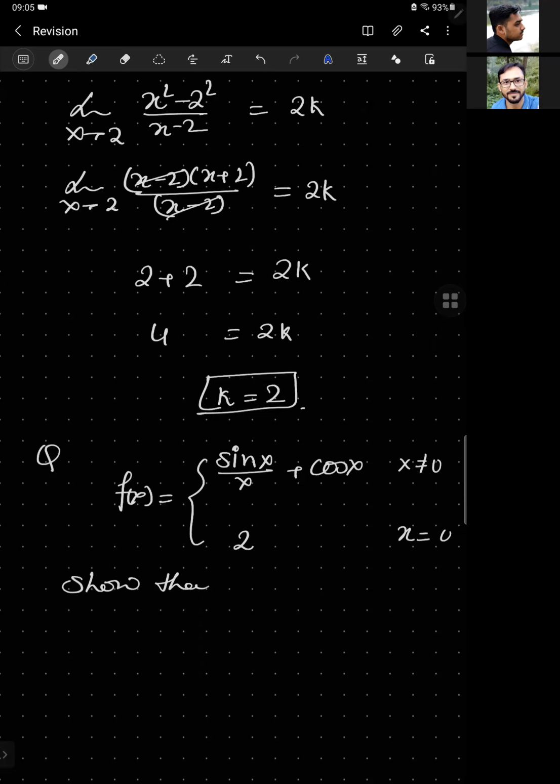Show that f(x) is continuous at x equals 0.